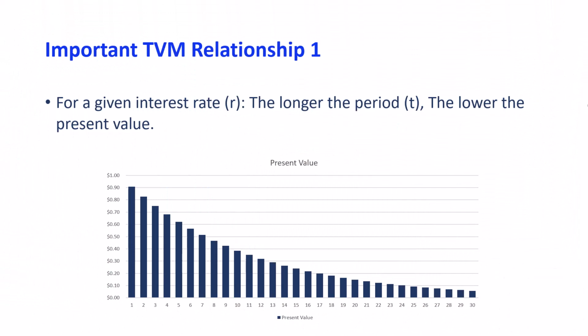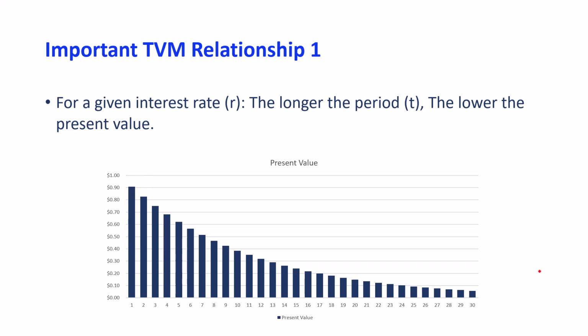The first important relationship is that for a given interest rate, the longer the time period, the lower the present value. In this graph, we are seeing the present value of $1 discounted at 10% for 30 years. When you discount it for only 1 year, the present value of $1 is going to be 91 cents.